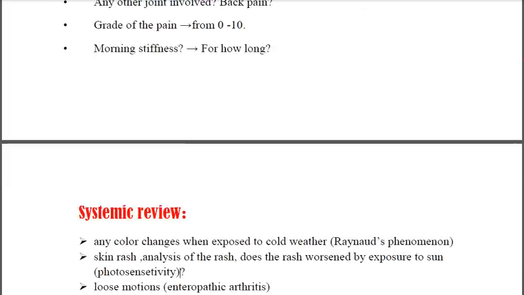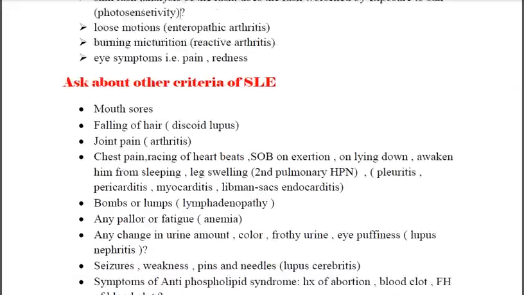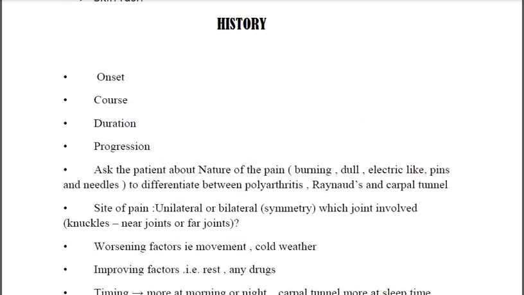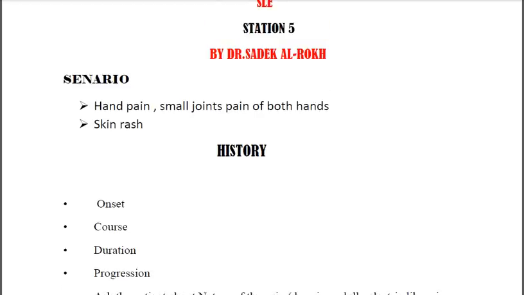So it is a fixed approach for all the cases of polyarthropathy, especially rheumatoid arthritis and osteoarthritis if it is coming in the joints of both hands, or psoriatic arthropathy as well. This patient is coming complaining of pain in both joints of both hands.